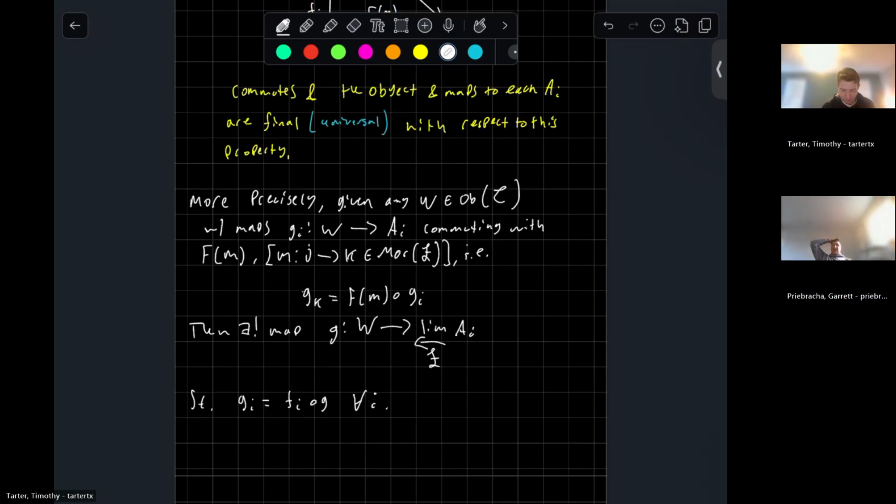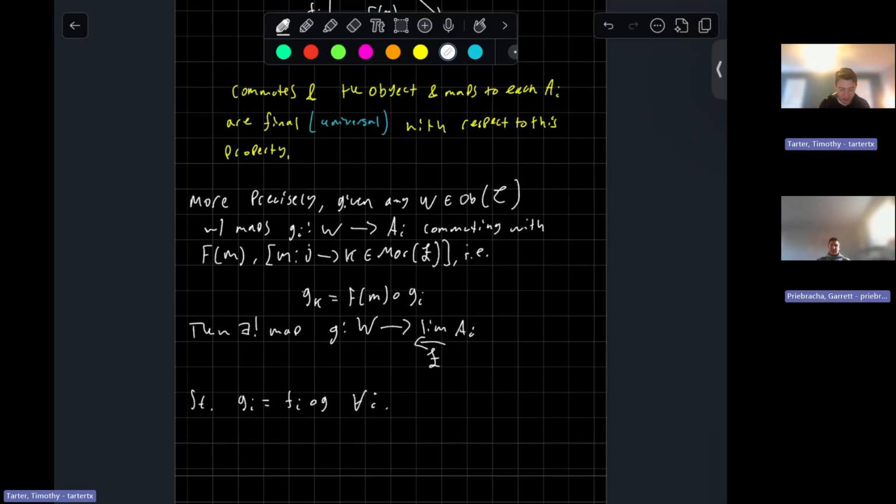But yeah, okay. So we're taking any object W in our category C with maps into A_i that commute with the other maps indexed by the category F, which gives us a unique map from W into the limit of A_i.